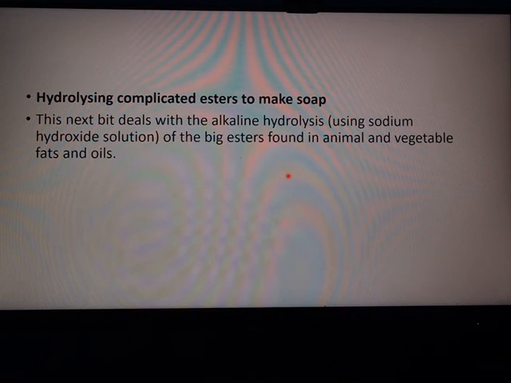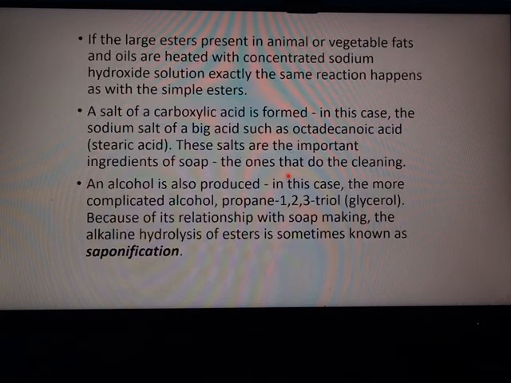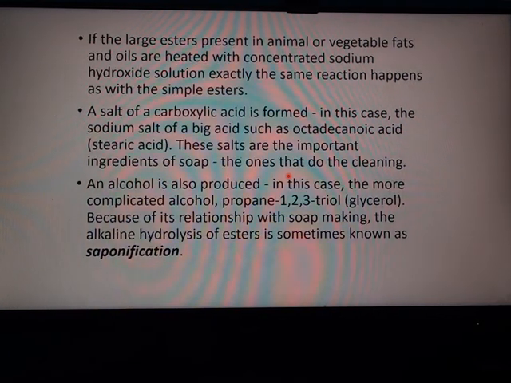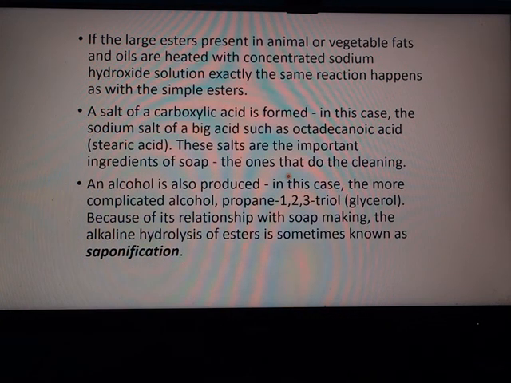That's also called saponification. If you've got large esters, like from animal or vegetable fats, and you heat them up in concentrated sodium hydroxide solution, the same reaction happens as with smaller, simple ester molecules.